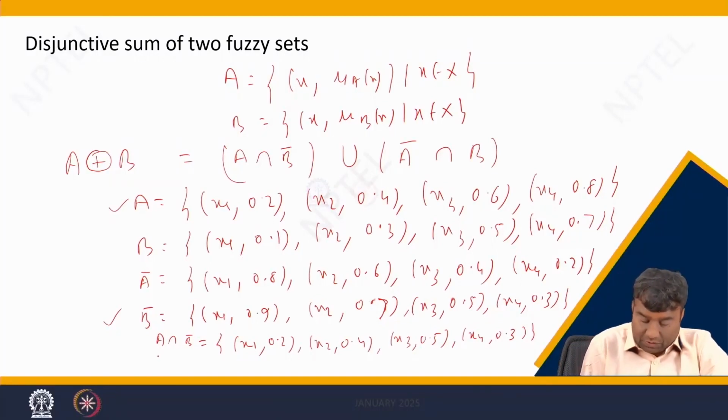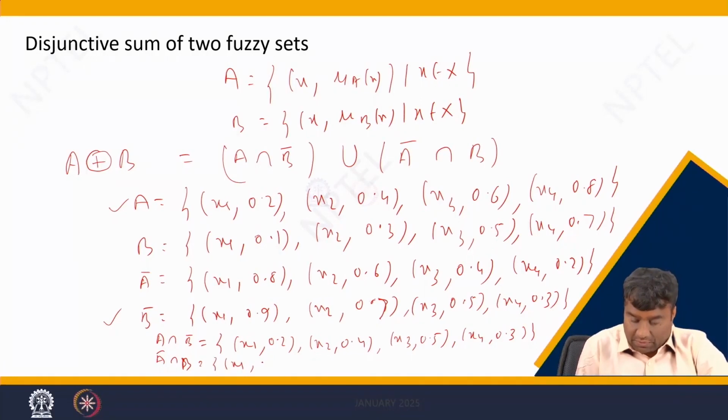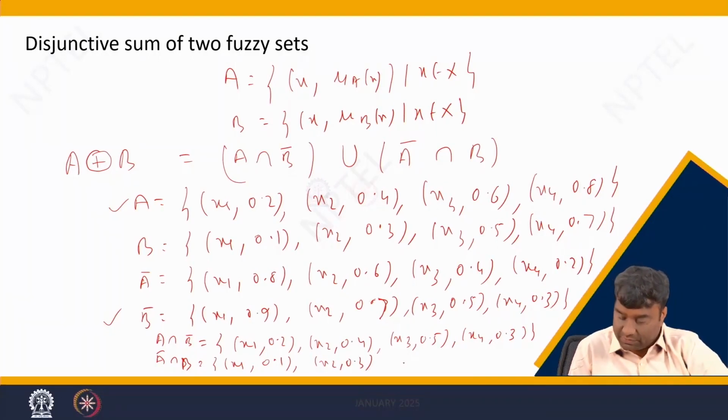Okay. Now take A complement and B, and take the minimum value. So x1 is 0.1, x2 is 0.3, x3 is 0.4 from A complement, compared with 0.5, and x4 is 0.2.